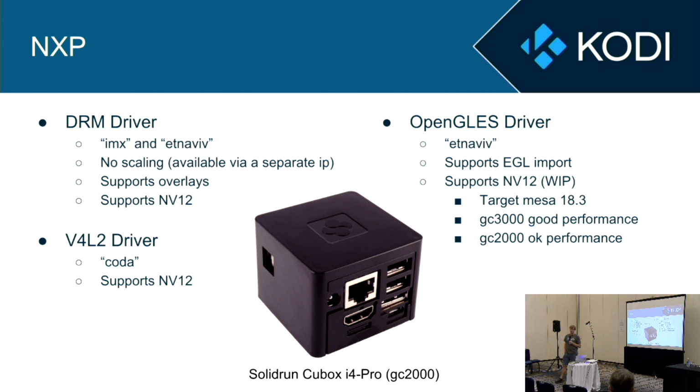It just depends on the hardware you have, but hopefully they'll be able to get some optimizations in for GC2000 hardware, which is IMX6Q and less, and GC3000 is Q Plus, which has great performance. So you can do both rendering methods with IMX6.